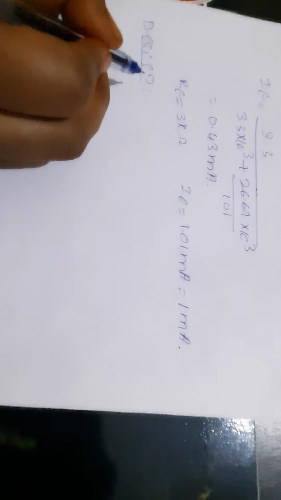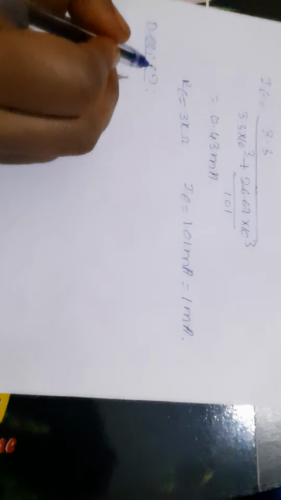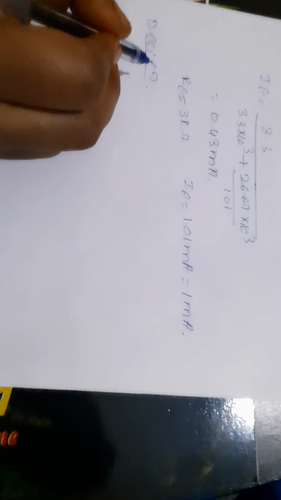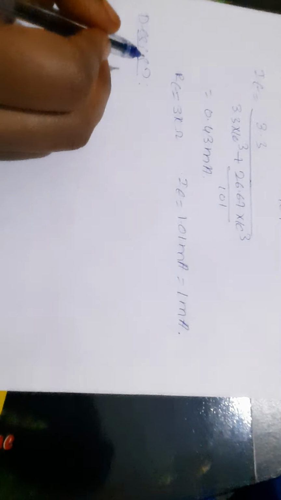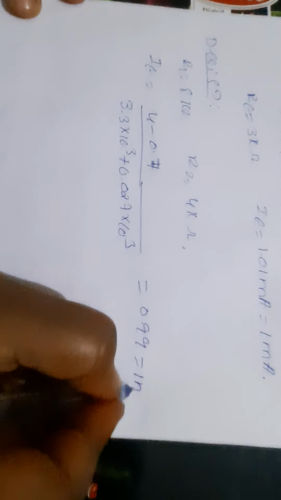Then design 2. If we are willing to draw more current from the power supply and to accept a lower input resistance for the amplifier, then we use a voltage divider current equal to IE, which is 1 milliamp, resulting in R1 equal to 8 kilo ohm and R2 equal to 4 kilo ohm, for which the actual value of IE using the initial value of 3.3 kilo ohm will be IE equals 4 minus 0.7 divided by 3.3 kilo plus 0.027 into 10 raised to 3, which results in 0.99 or 1 milliamp.